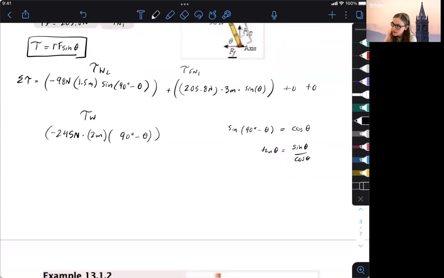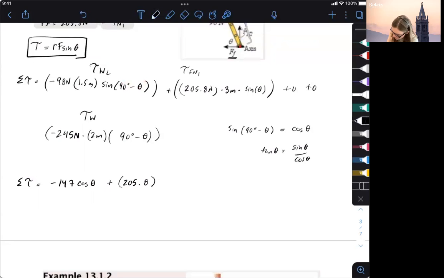Okay, so let's clean things up a little bit because this is a little bit messy. So my sum of torques equation, if I plug half of this into a calculator, and you can check me here, is going to turn into 147 cosine of theta, right? Because I have this piece right here, sine of 90 minus theta. And then I have plus 205.8 times 3 meters.